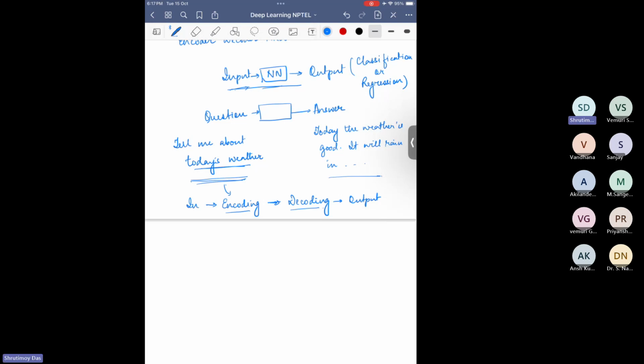Like in the videos, you must have seen that the input can be text and the output can be text, or the input can be an image and the output can be text, or any combination that you want. The input can be video also.